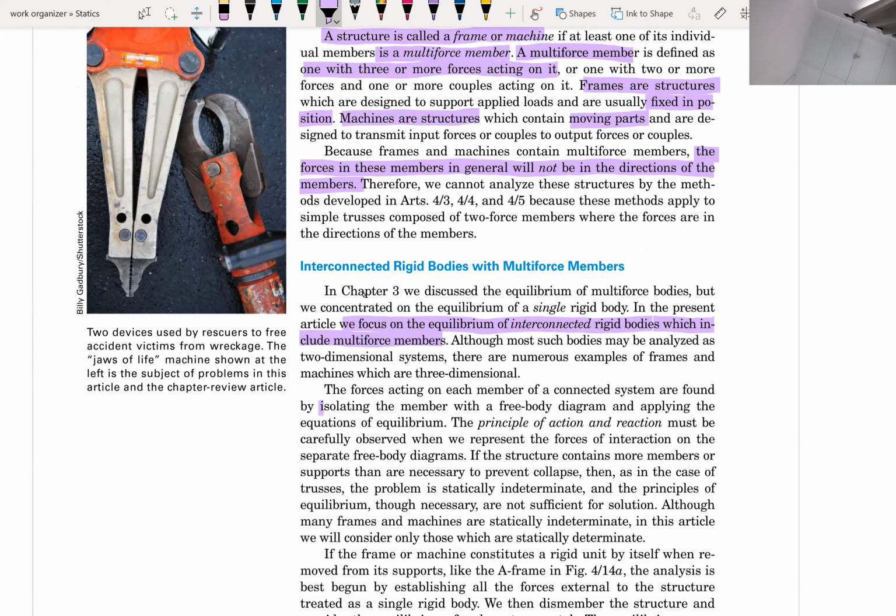First we have to isolate the member with a free body diagram, and then apply the equations of equilibrium. And not to forget, we have to apply the principle of action and reaction. This applies to supports such as ball and socket joints.